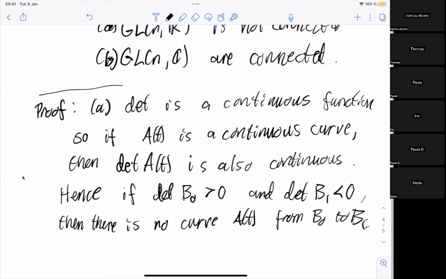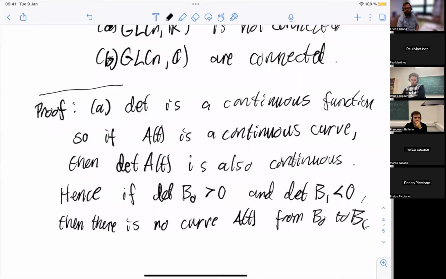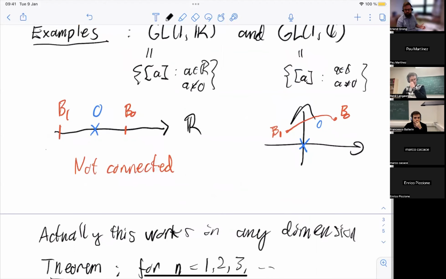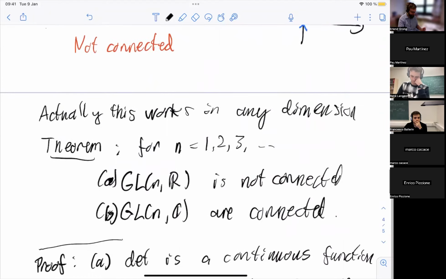Because if there was such a curve, then you could take the determinant of that, and then you would have a curve on the real line that went from a positive number to a negative number without somehow passing through 0, which we know is not possible. So this image still works for the general linear group. You just use the determinant to reduce yourself to that case.